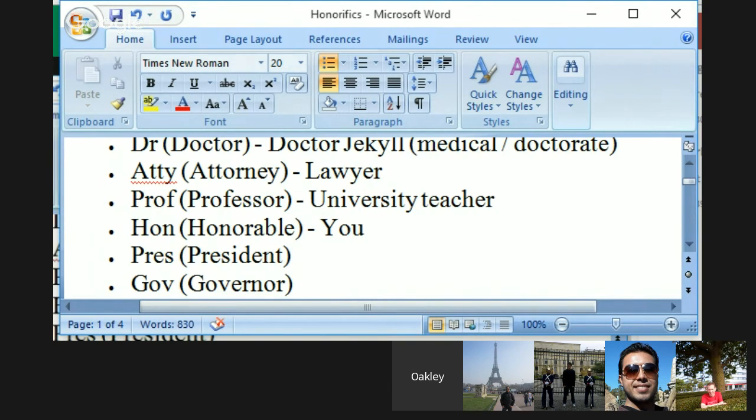We can use this to create an honorific. Again, as I was mentioning earlier, you want to create, conqueror of the universe, the honorable and most holy teacher Oakley. Fine, it can be used as an adjective for an elaborate introduction and an elaborate honorific.